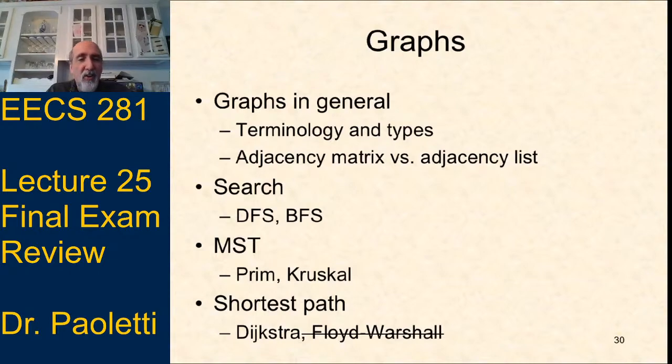We talked about depth first search and breadth first search, Prim's algorithm and Kruskal's algorithm for solving MSTs, and Dijkstra for shortest path. Remember, Floyd-Warshall is in the slides. I put it in here to remind you to cross it out. It's in the slides because there was one semester where we had room for it, but we haven't done it since, so we've made sure there are no Floyd-Warshall questions on the exam.